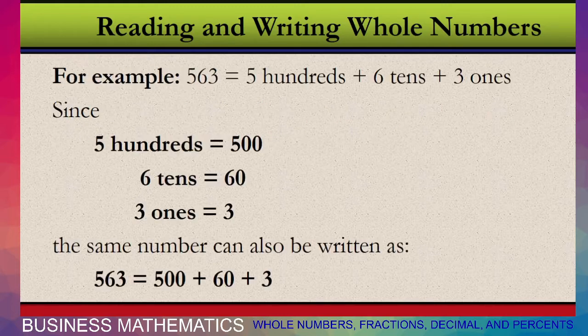So, for example, 563. So, 5 hundreds plus 6 tens plus 3 ones. So, since 5 hundreds is equals to 500, 6 tens is 60, 3 ones is equals to 3. So, the same number can also be written as 563 is equals to 500 plus 60 plus 3. So, ganun yung gagawin natin kapag ang tinatanong ay expanded form.